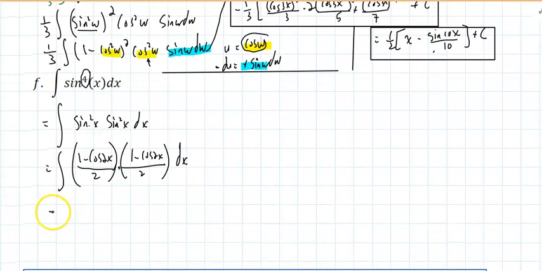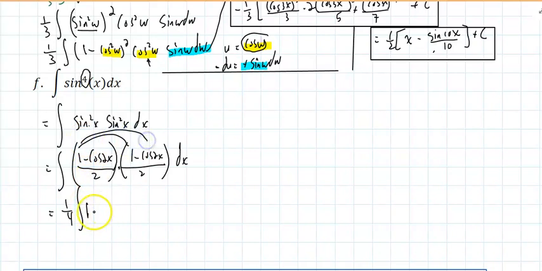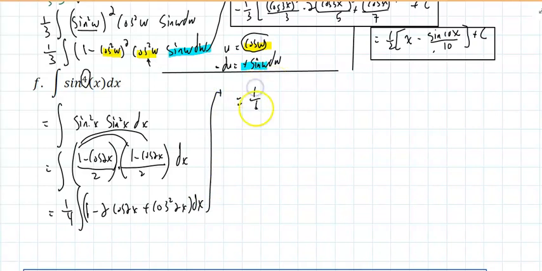And wouldn't you say this is 1/4 the integral? And if I FOIL this, 1 minus twice the cosine of 2x plus the cosine squared of 2x dx. That is 1/4 times.